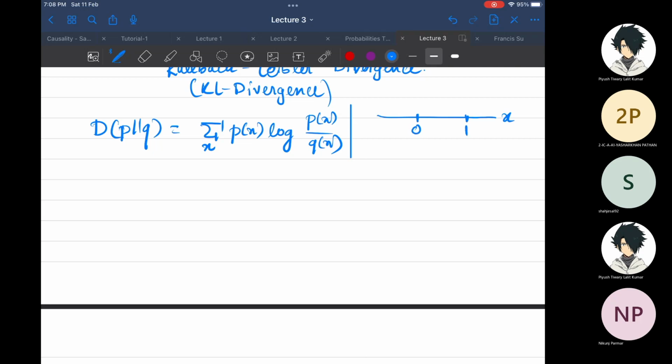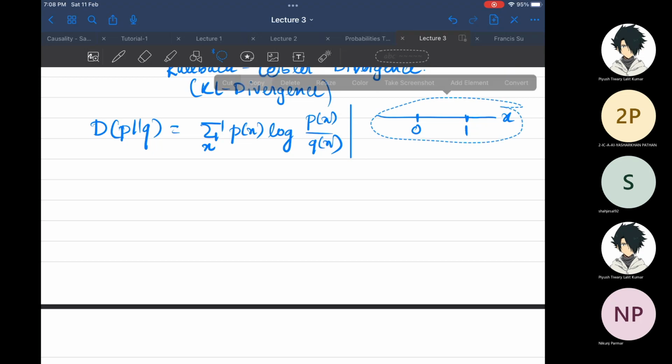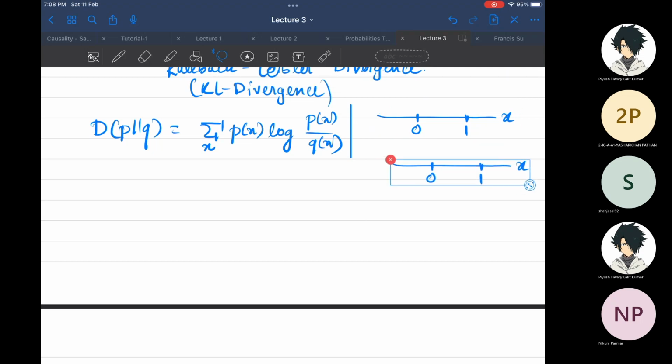Let me copy this and paste it below. You can think of 0 as tails and 1 as heads. There is nothing special about it.